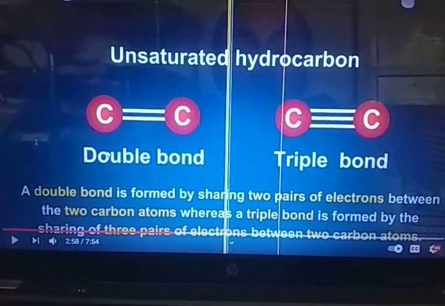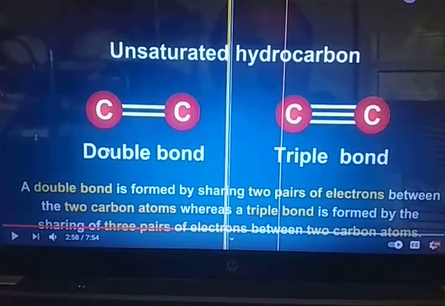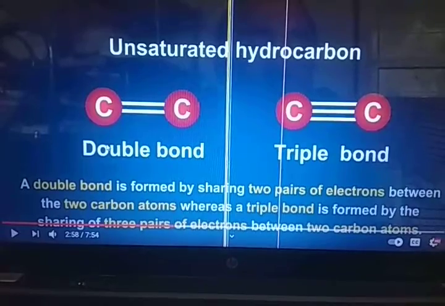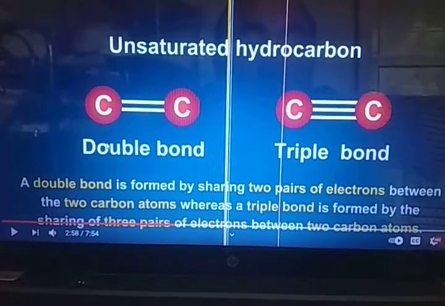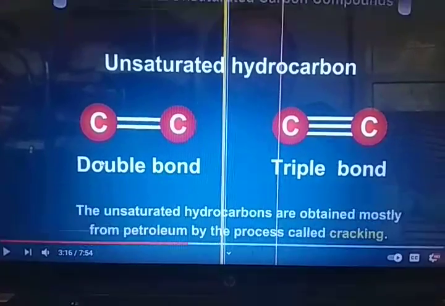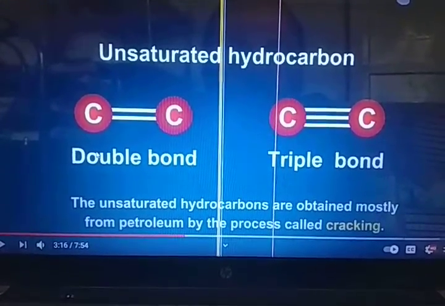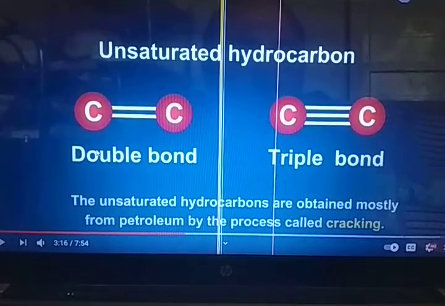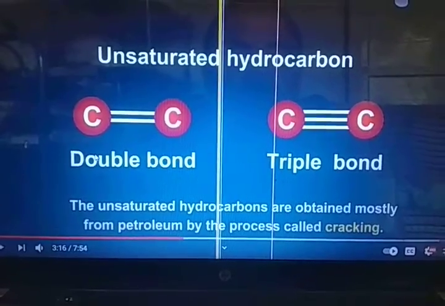A double bond is formed by sharing two pairs of electrons between two carbon atoms, whereas a triple bond is formed by sharing three pairs of electrons between two carbon atoms. One important thing you have to remember is that unsaturated hydrocarbons are obtained mostly from petroleum by a process called cracking.